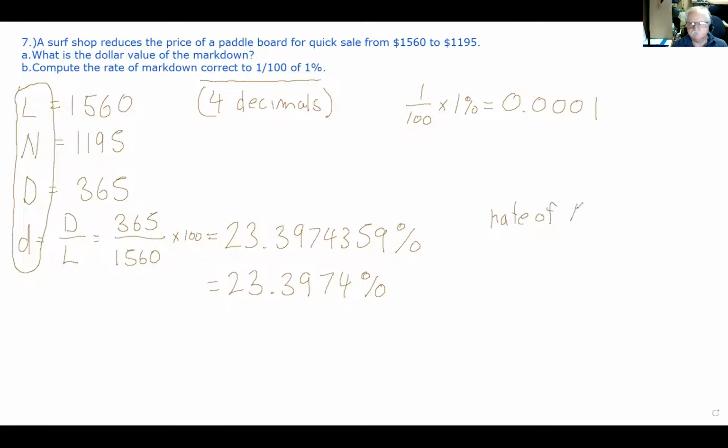Rate of markdown equals rate of discount. For some reason, when you read the textbook, they present rate of markdown as if it's some sort of a different concept from the rate of discount that we've already covered. But just remember, they're exactly the same thing. They've just changed the terminology.